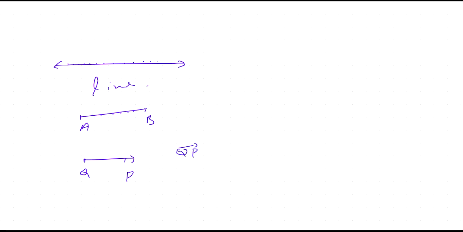A ray has direction. Now look here, suppose this direction, another ray. This is not AB. This is BA, ray BA, this one. Understand? Ray BA, not AB. Be careful about ray BA, not AB. Direction is in this direction, BA.